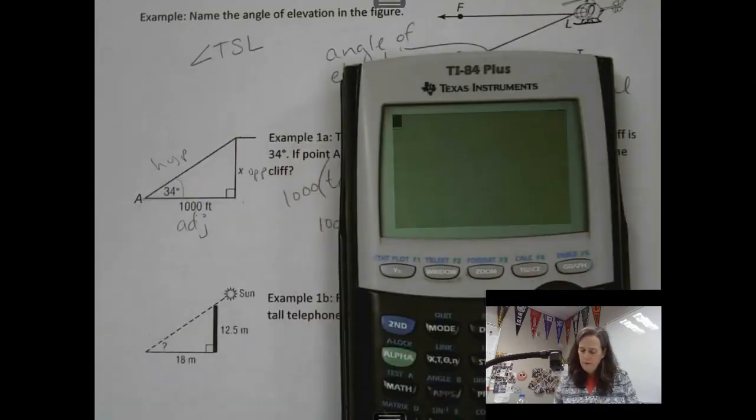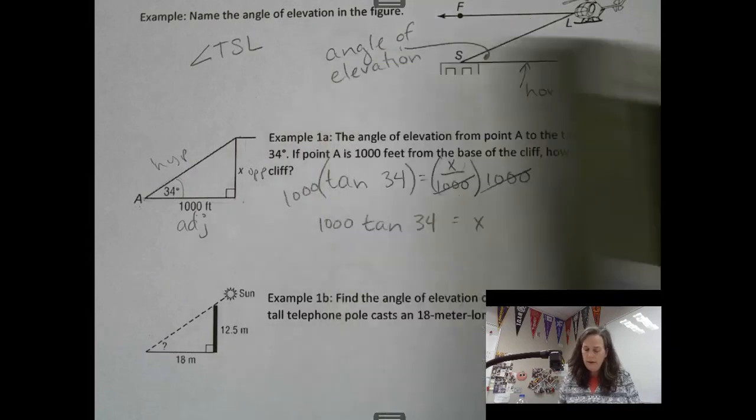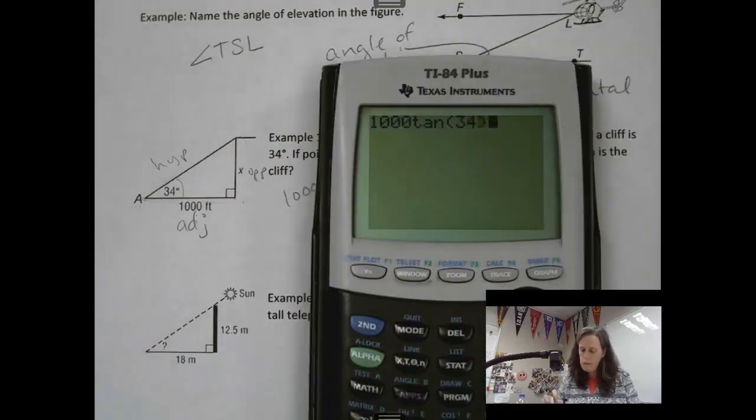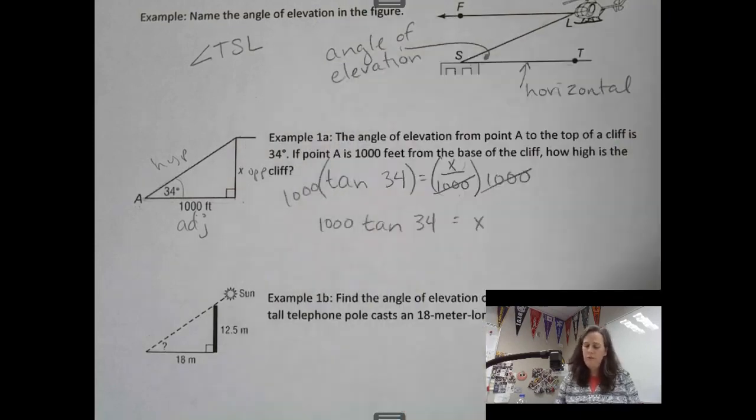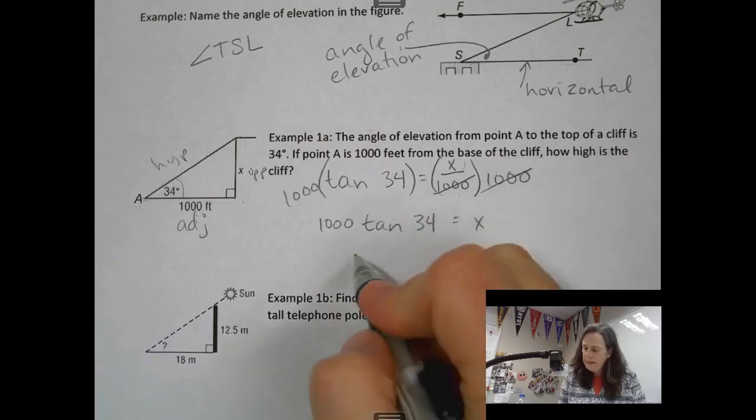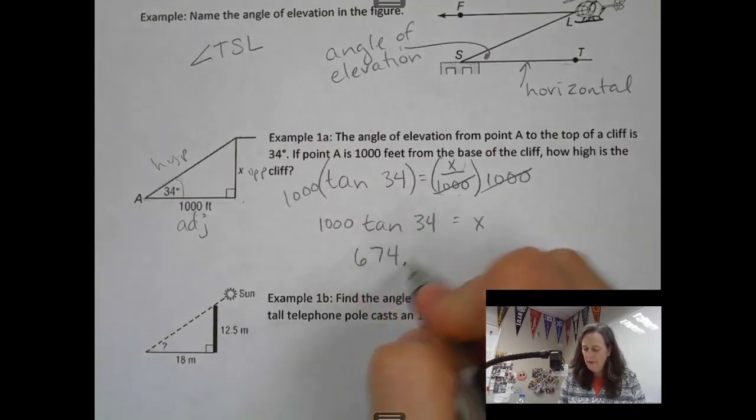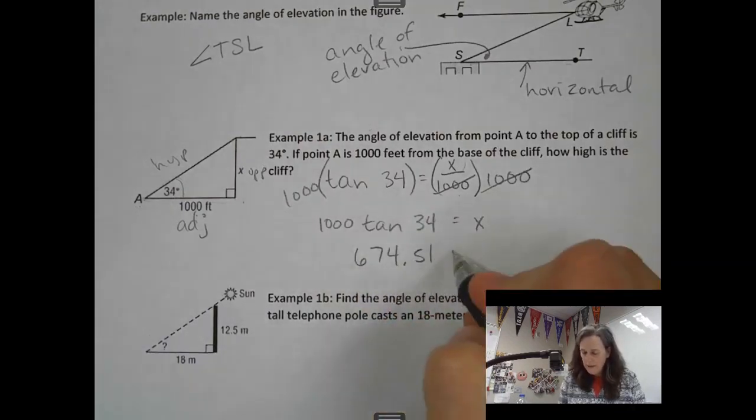Grab that calculator. 1,000 tangent of 34 is 674.5. We'll go with 2 places after the decimal. 674.51 equals x.